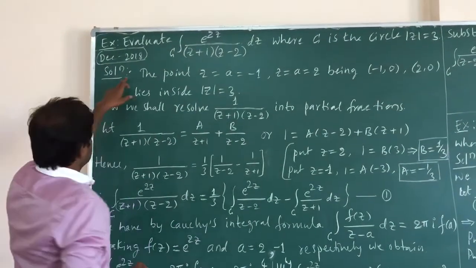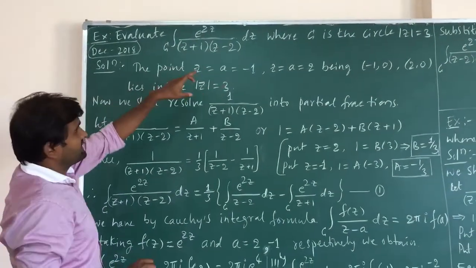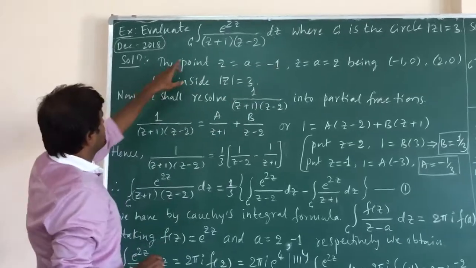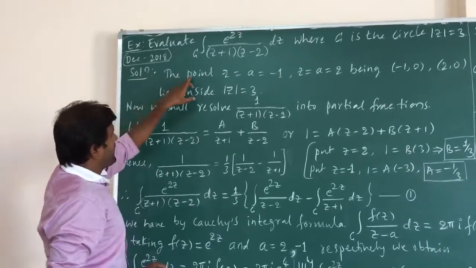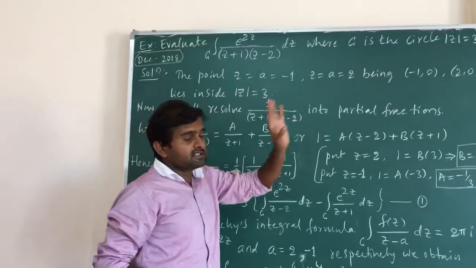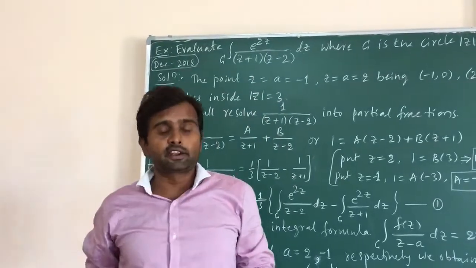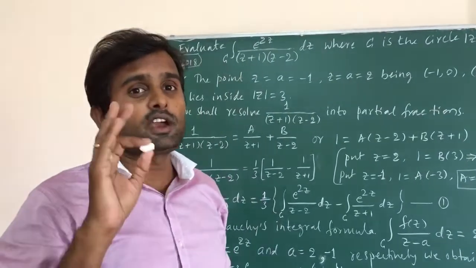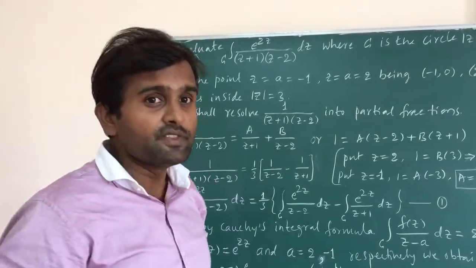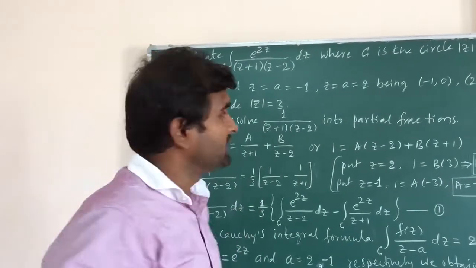Now here the given circle is modulus of z equal to 3. In general, Cauchy's integral formula is the integral of f of z divided by z minus a into dz equal to 2 pi i f of a.